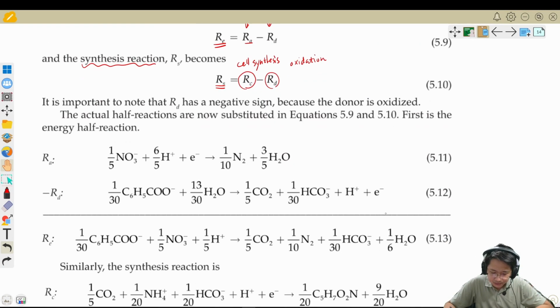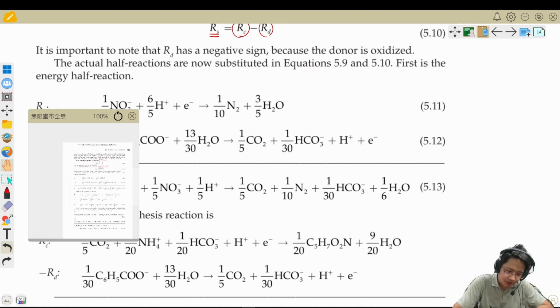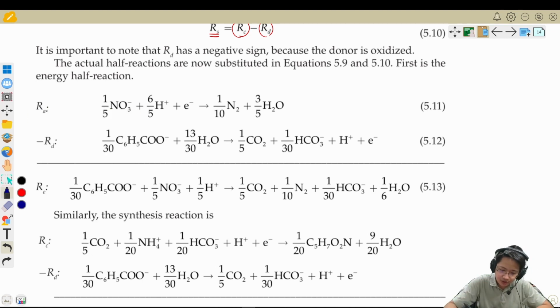Okay, so for combining them together, we will need to list them together as we see here. So we will get Ra for the electron acceptor, minus Rd for the electron donor. So this part is used for energy production.